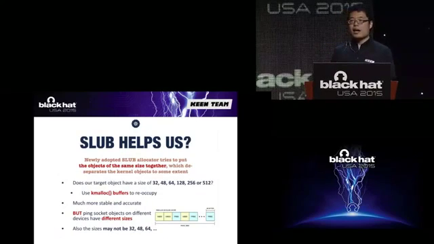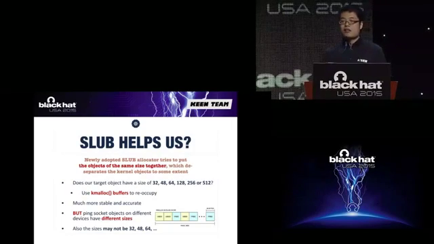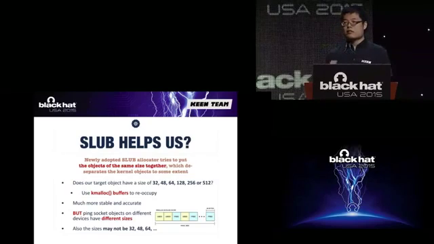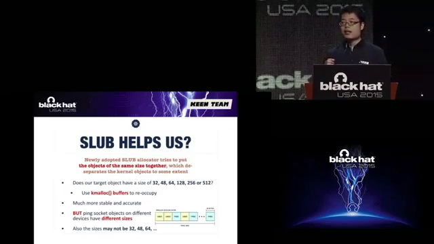Basically, I was writing my first root exploit targeting this vulnerability on Goldfish, which is an Android emulator. On this emulator, the size of the vulnerable object, the ping socket object, is 512, which is a kmalloc size. Here, I want to say that the slab allocator helps us.